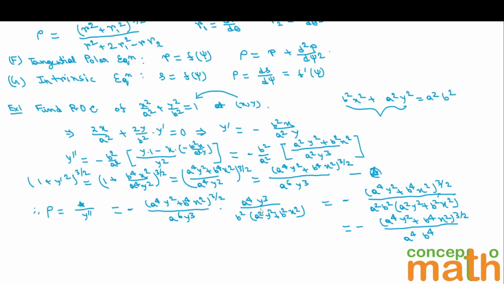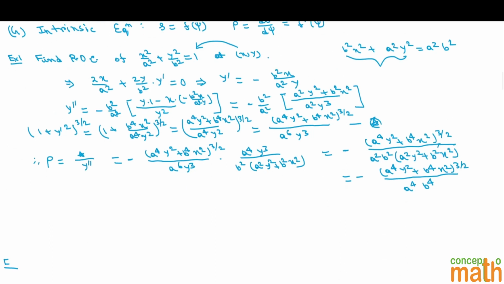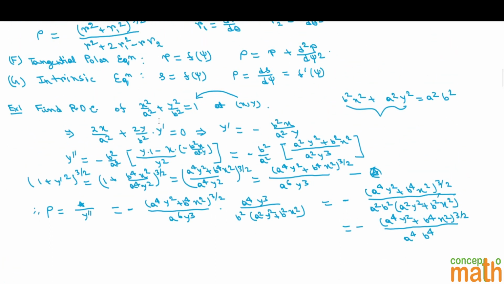Okay. Now see, the minus symbol which comes here actually denotes the direction in which the radius or center of curvature lies. That means what? Suppose this is the curve and we are trying to find out the radius of curvature at this point. Of course in this direction.